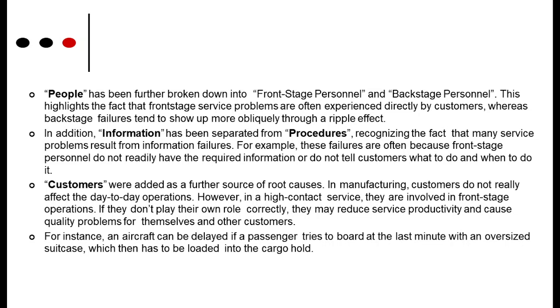But information is more like, if the system does not work, or the front stage persons are not aware of what needs to be done, or they do not know what needs to be conveyed to the customer, basically they are not able to tell customers what to do and when to do it. Things like that become an informational problem but not a procedural problem.